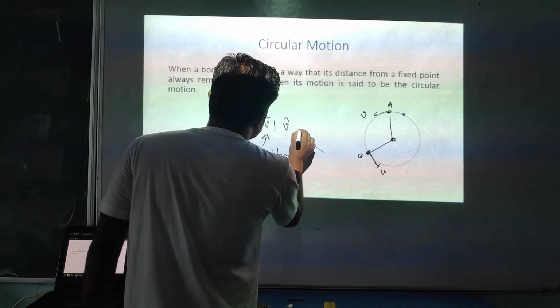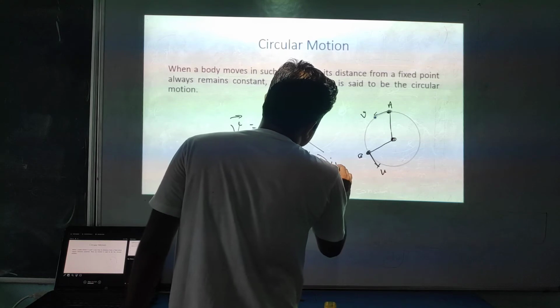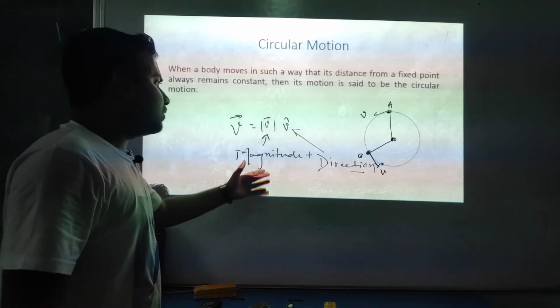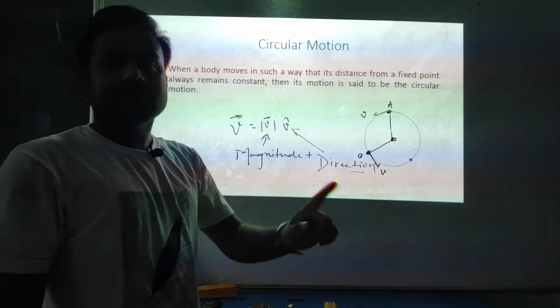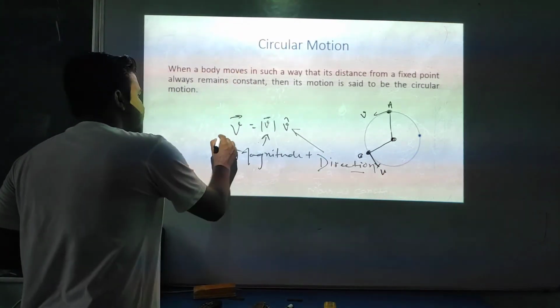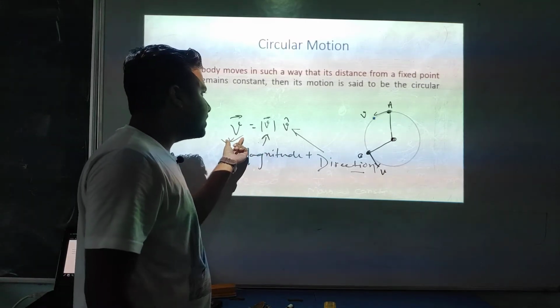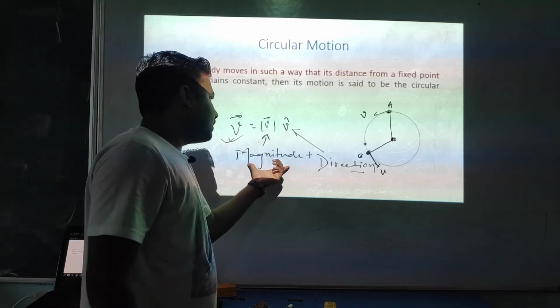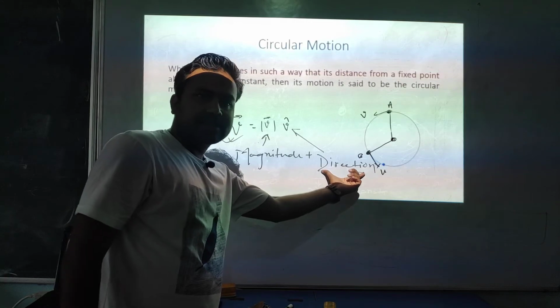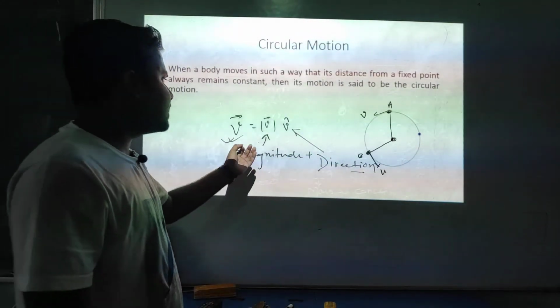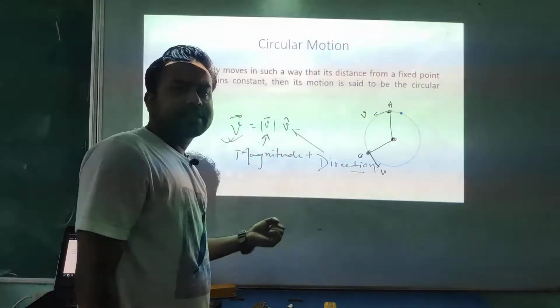Out of these two, if one is changing, it means you can say that quantity is changing. This quantity has two properties, magnitude as well as direction. So out of two, if one is changing, then also you can say this whole quantity is changing.